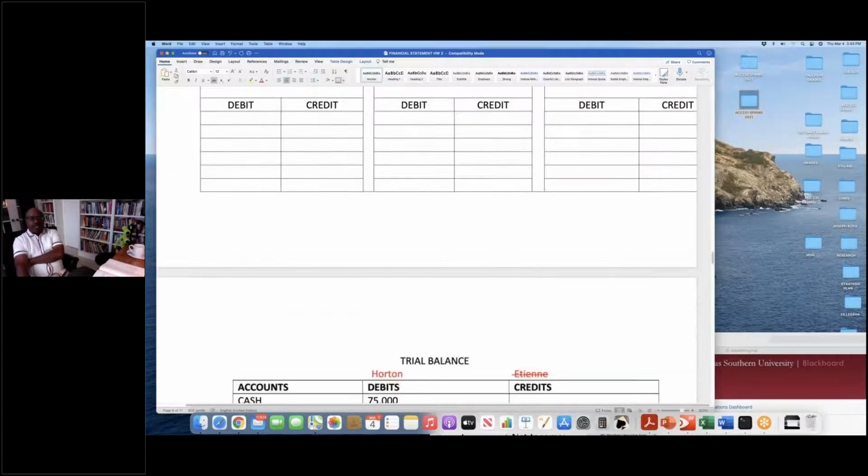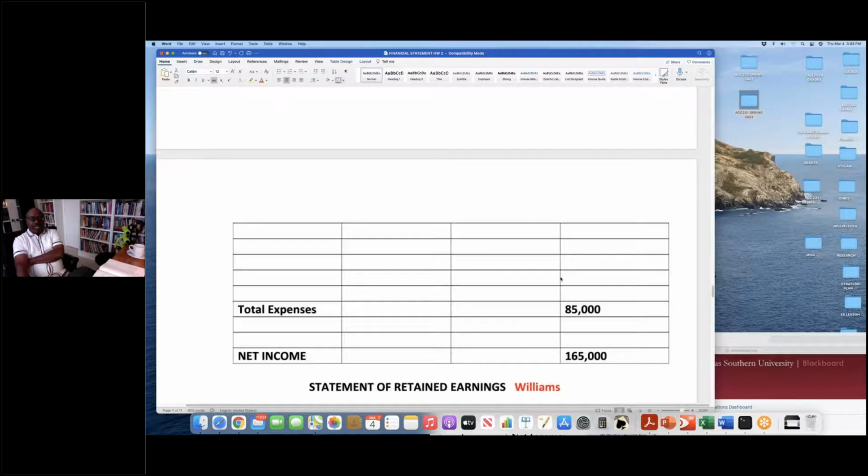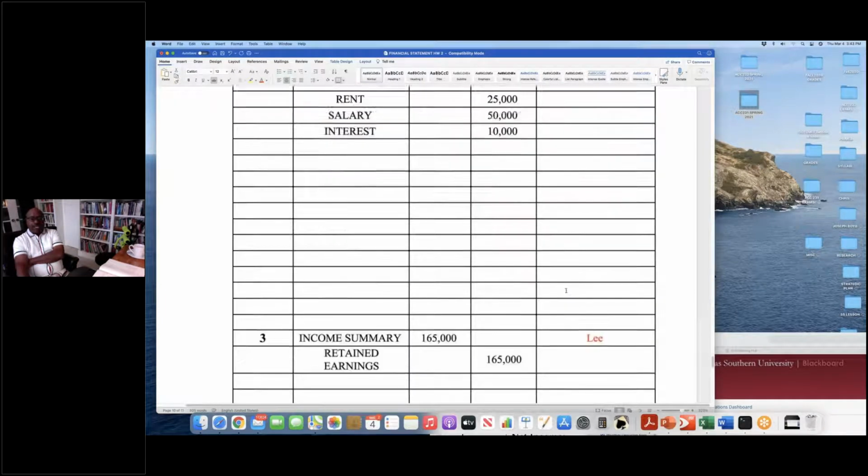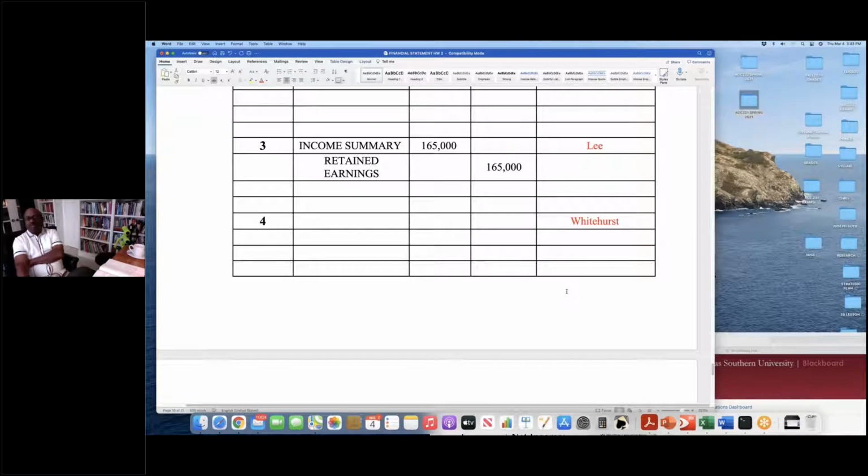What else do we have to do? Who knows this? Whitehurst knows this. Take away the dividends. The dividends go at 4. So we got to make the closing entry for dividends. So what's that closing entry going to be, Heather?